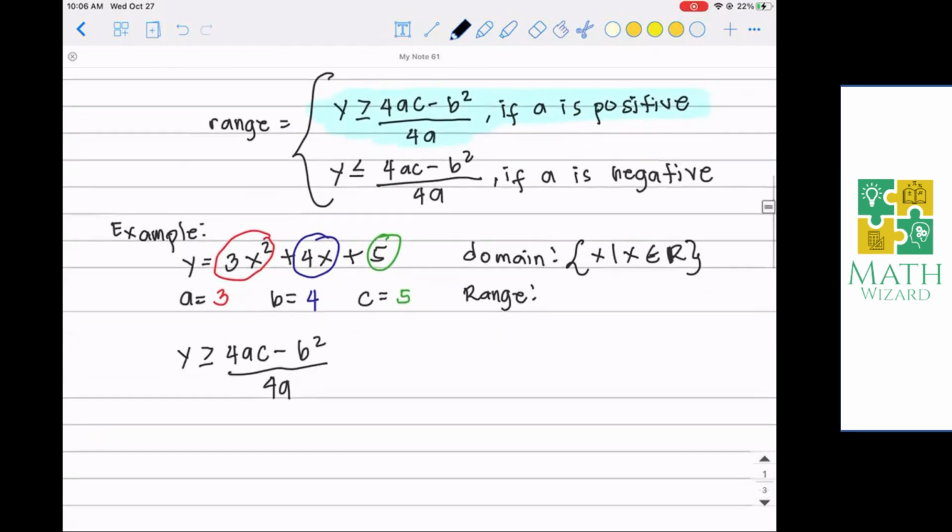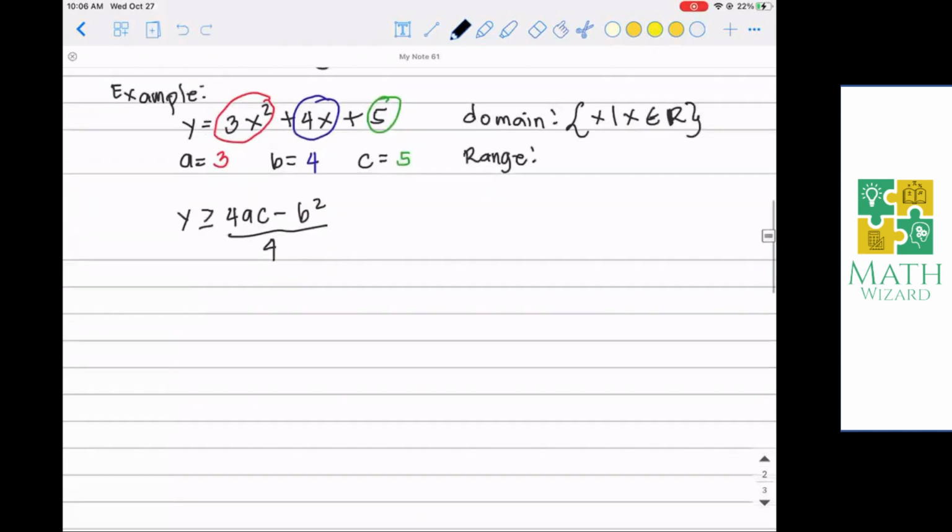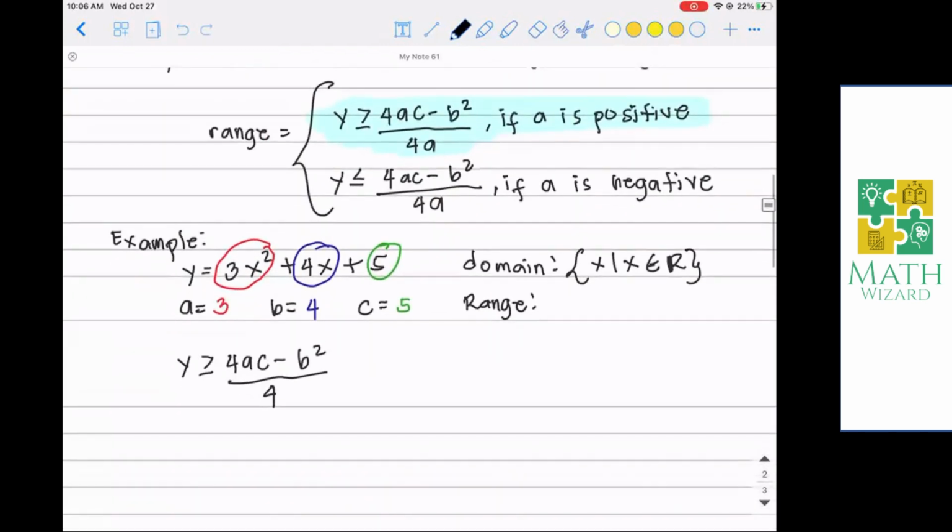After that, i-substitute natin. We need to substitute the value of A, B, and C. So 4, the value of A is equal to 3. The value of C is equal to 5.